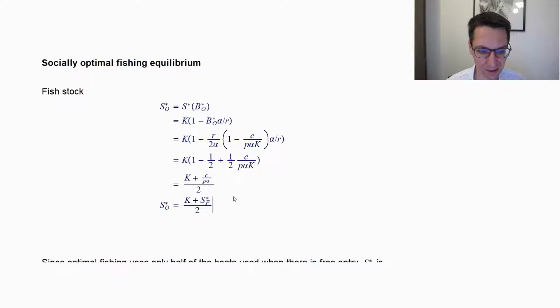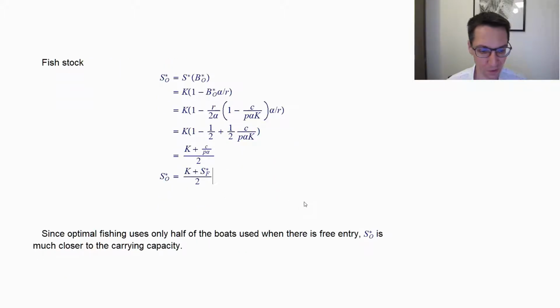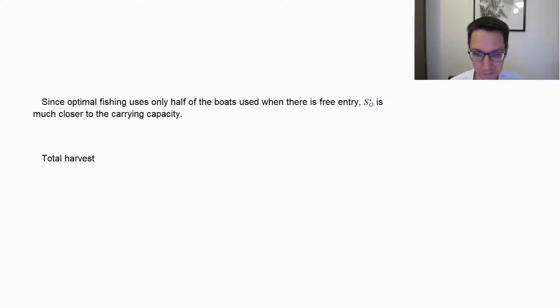Okay, so that's what I'm writing here. Optimal fishing uses only half the boats used when there was free fishing, so S star O is closer to carrying capacity.